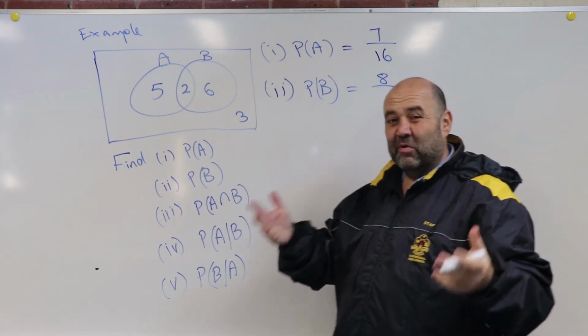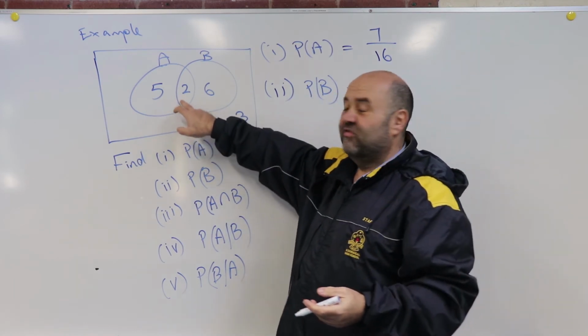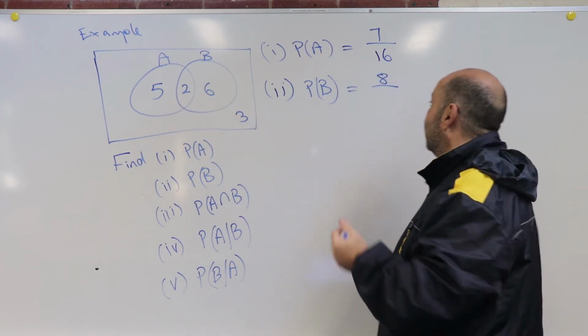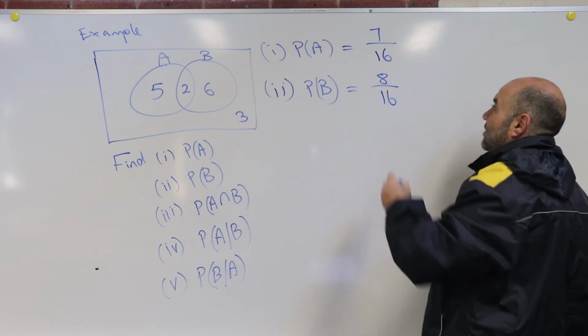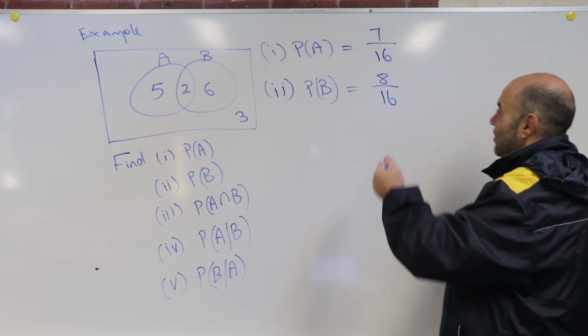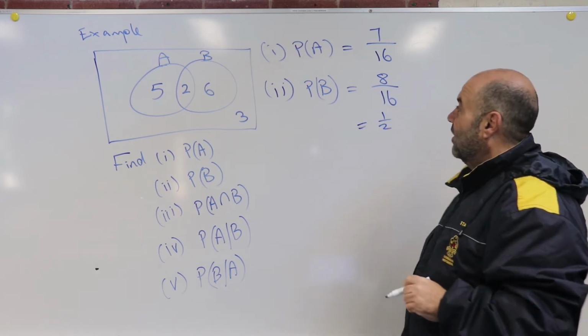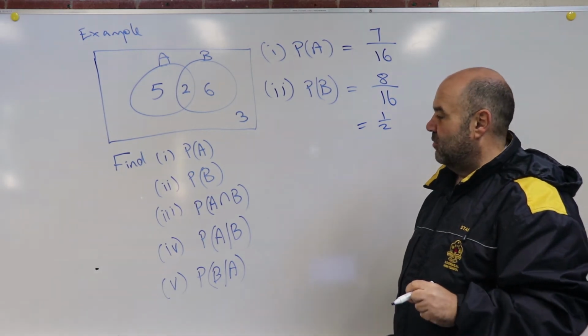And again, the number of possible things that can happen, just like it was over here, is 5 plus 2 plus 6 plus 3 is 16. Okay. And if we want, we can simplify the fraction. So that's just going to be 1 over 2. Let's keep on going. What's part 3?